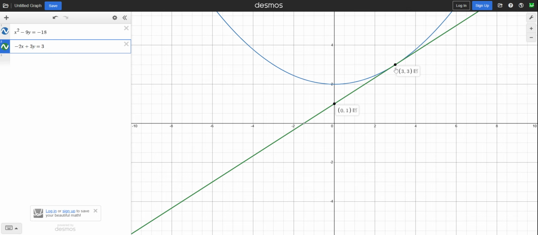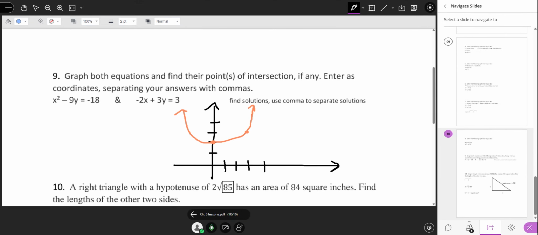So 3, 3 is where they both cross. And make sure you put the parentheses or it's going to count it wrong. They cross at 3, 3.